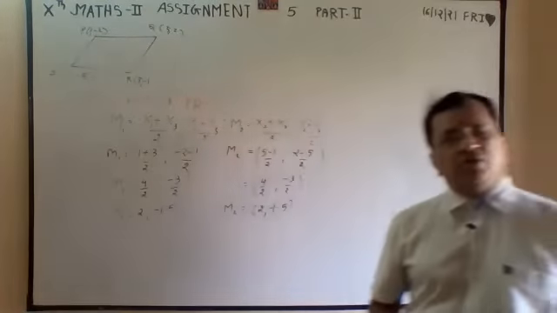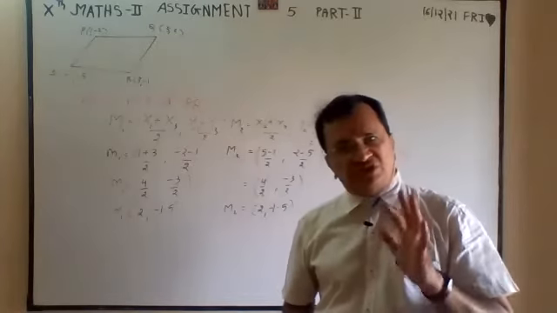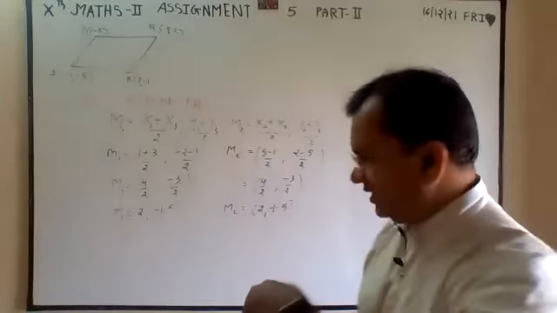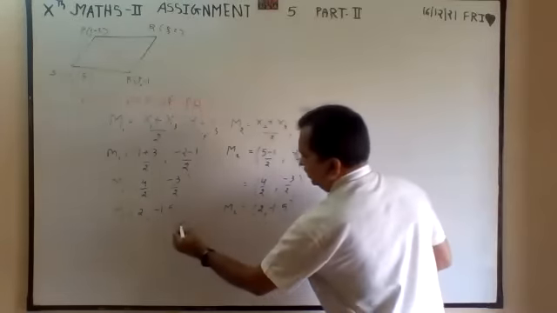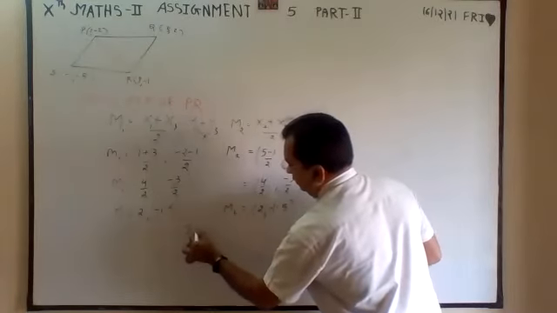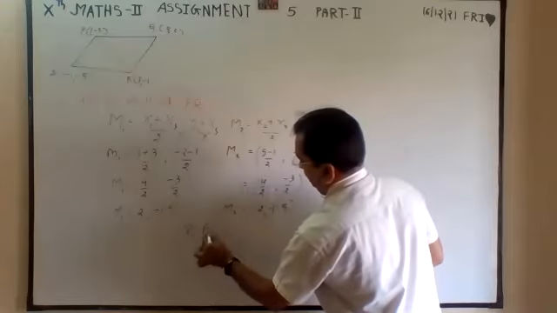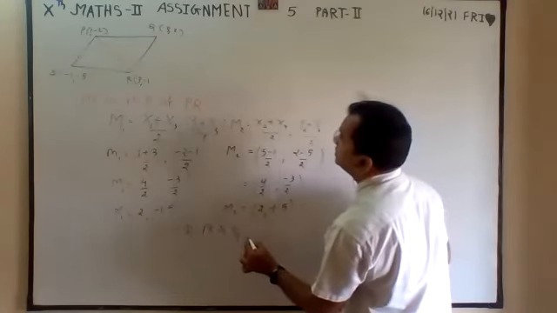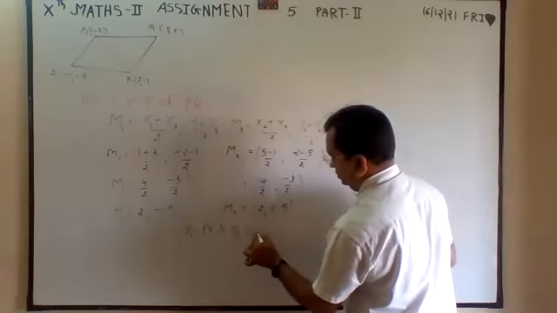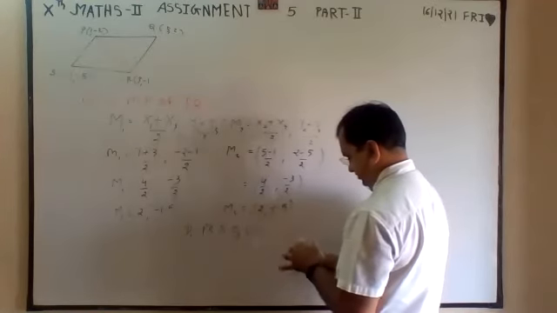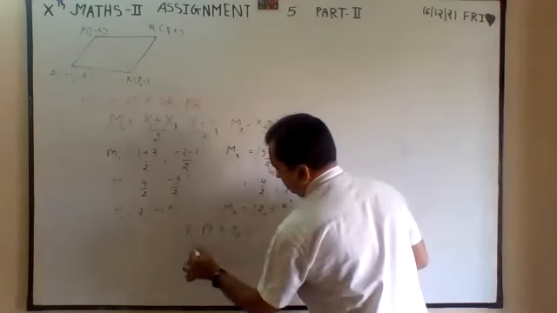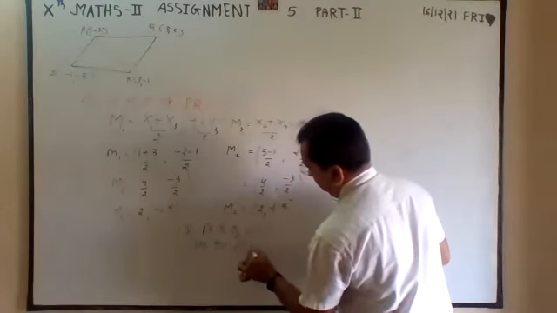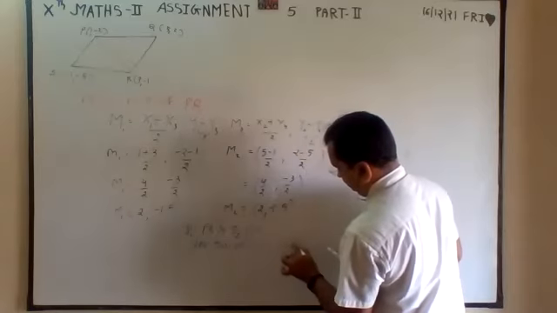So the midpoint of both the diagonals are equal, the same point, a common point. Therefore, you can write diagonals bisect each other. Therefore, diagonal 1, that is PR, and diagonal 2, that is QS, are bisectors of each other.